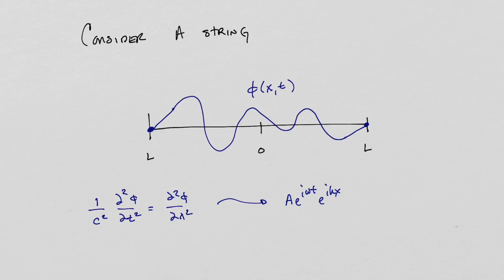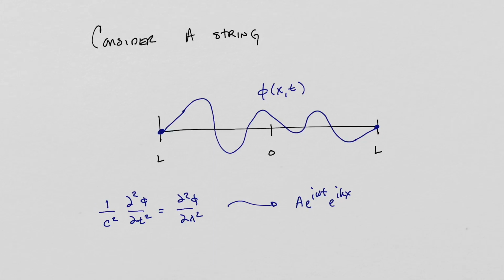Because of this, I have two algebraic expressions. I know that the function evaluated at L at any time t is going to be 0, and that my function evaluated at minus L, again at any time t, is going to be 0. I have two algebraic expressions that tell me something about the ends.